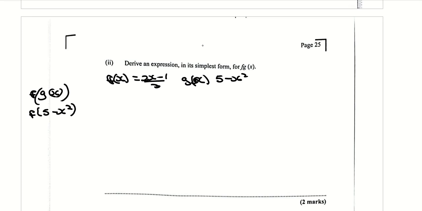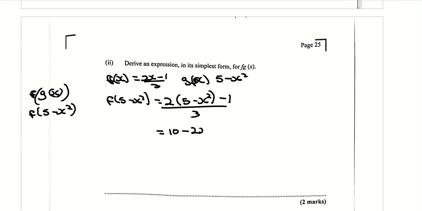So wherever we see x in f of x, you're going to put 5 minus x squared. So f of 5 minus x squared is going to be 2 times (5 minus x squared) minus 1, all over 3, which is 5 twos are 10. That's 10 minus 2x squared minus 1 all over 3.